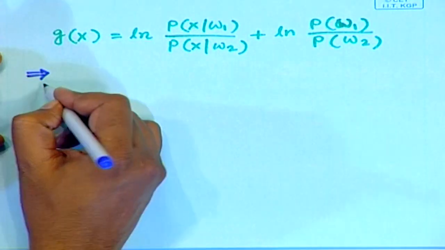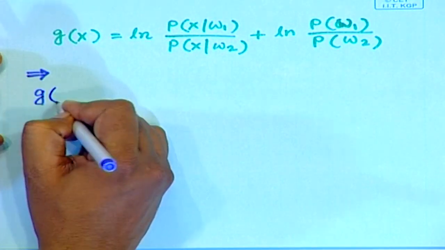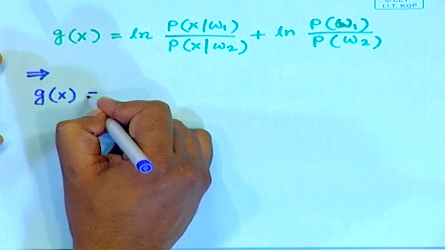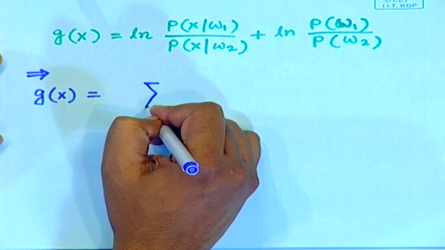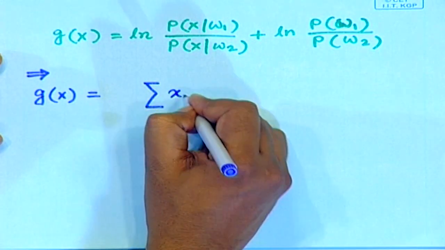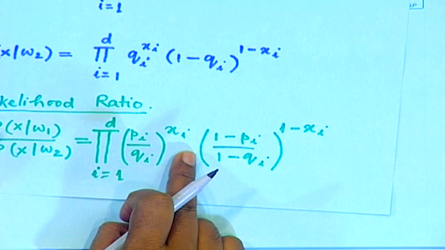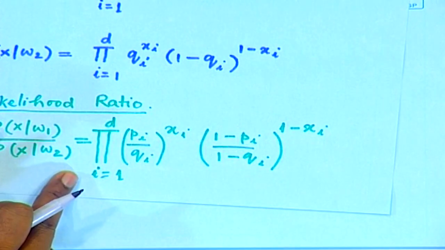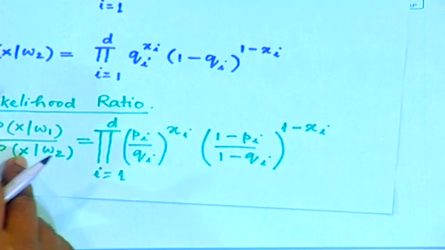So, what I simply get is g of x equal to the summation of xi, because here xi was a power, so this will become a product in the logarithmic term.